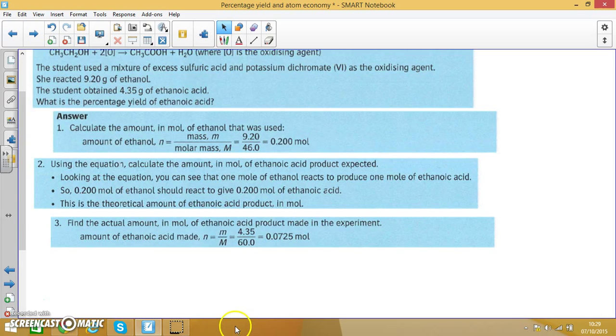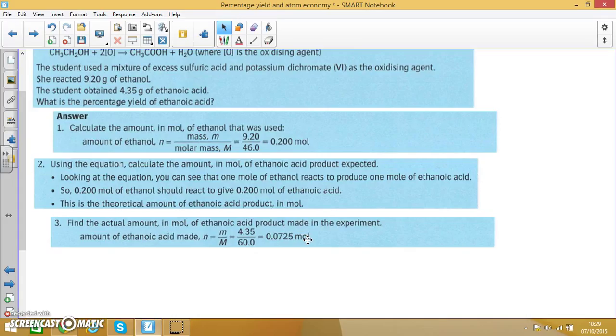Using the same general equation, number of moles equals mass over molar mass, we take the 4.35 grams of the ethanoic acid which is formed in this reaction and divide it by its molar mass, which in this case is 60. So we actually get formed 0.0725 moles of ethanoic acid.